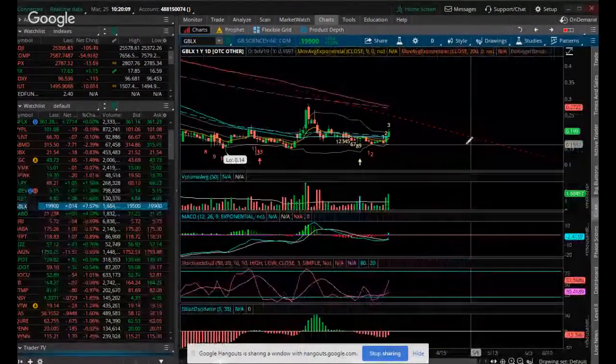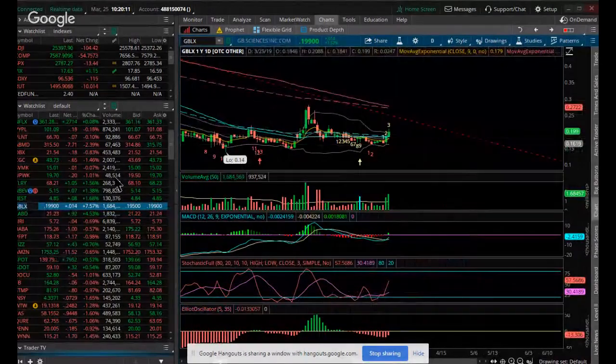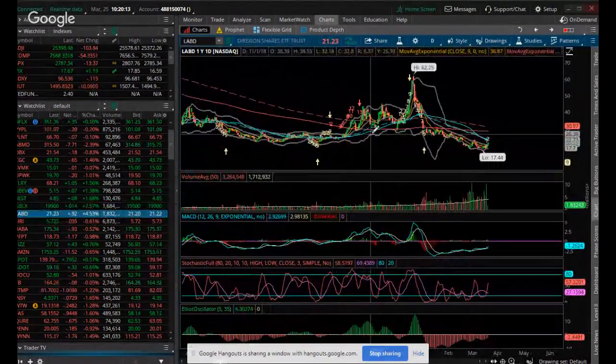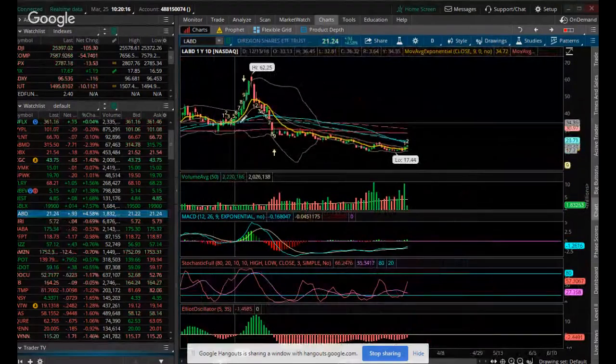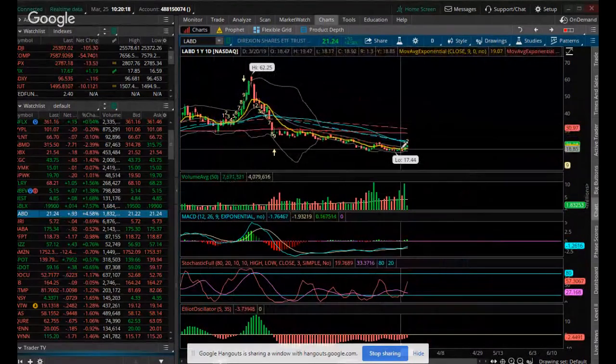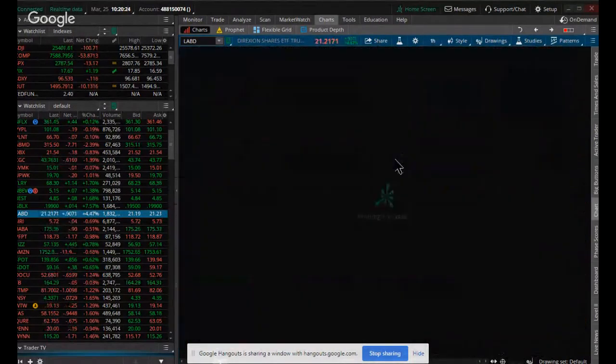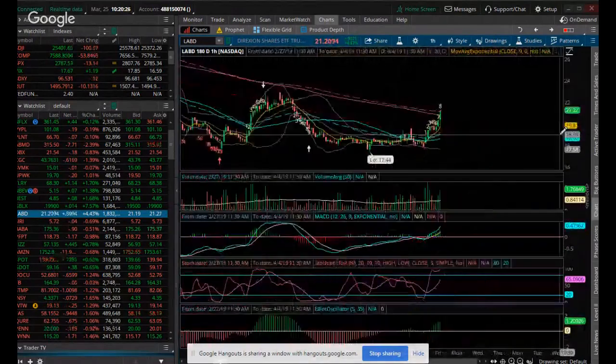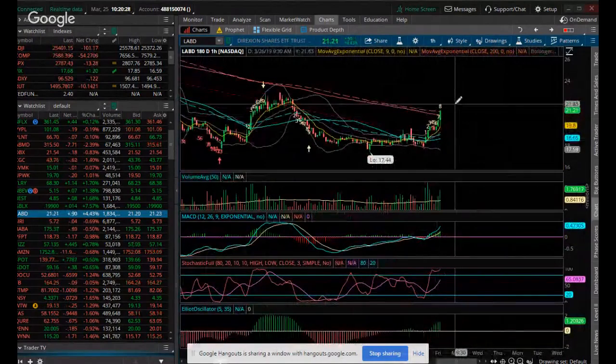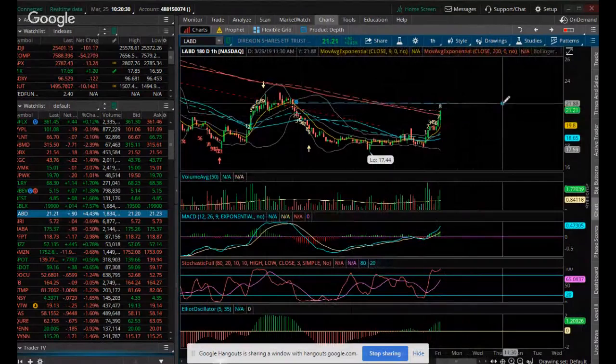Here we can see LABD, which is the short biotech ETF, starting to ramp up again. Some of the momentum players are coming in. There are some resistances, but then it reaches this level on the hourly.